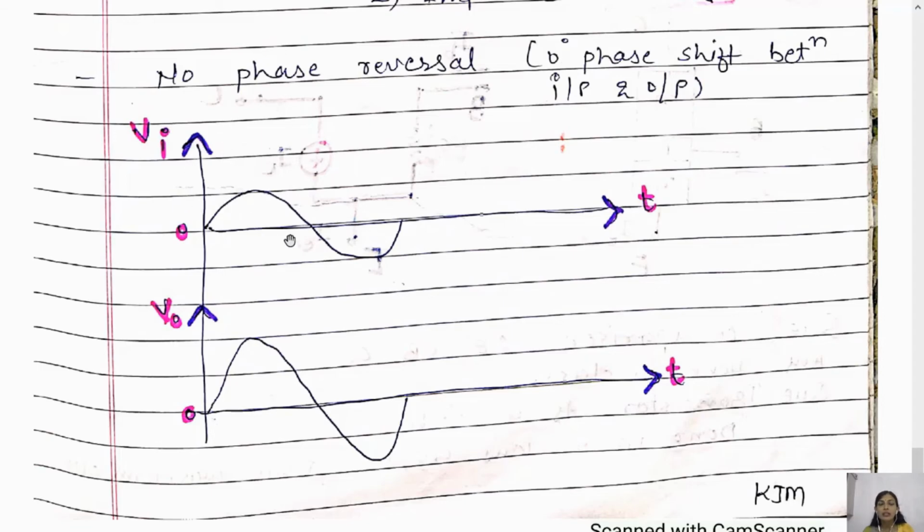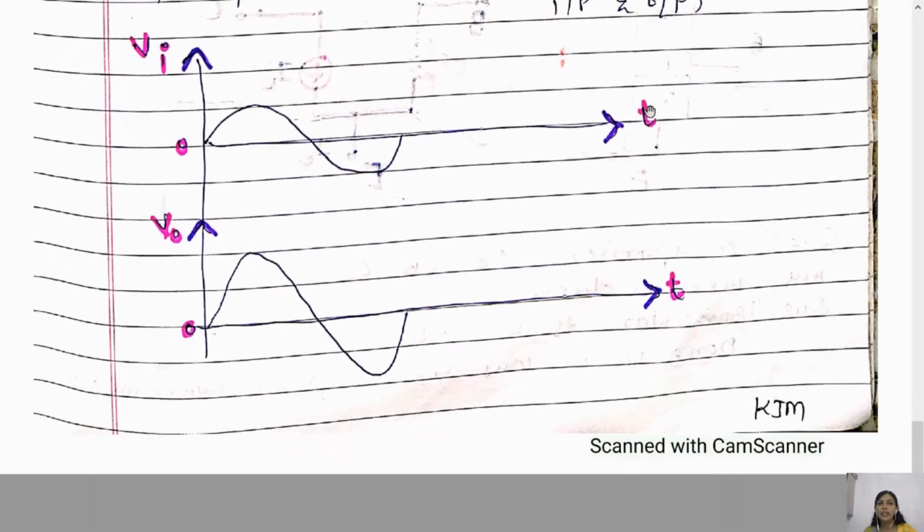But there is no phase difference. When the input has a positive cycle, at the same time the output contains the positive cycle. That means 0 degree phase shift between input and output. So these are the waveforms for the CB amplifier.